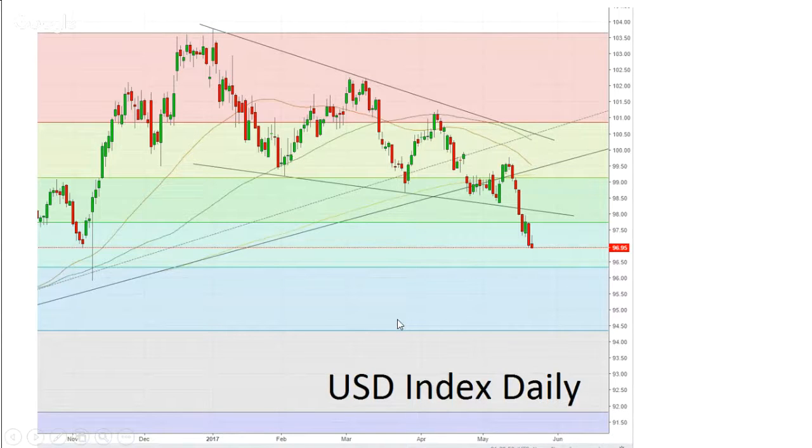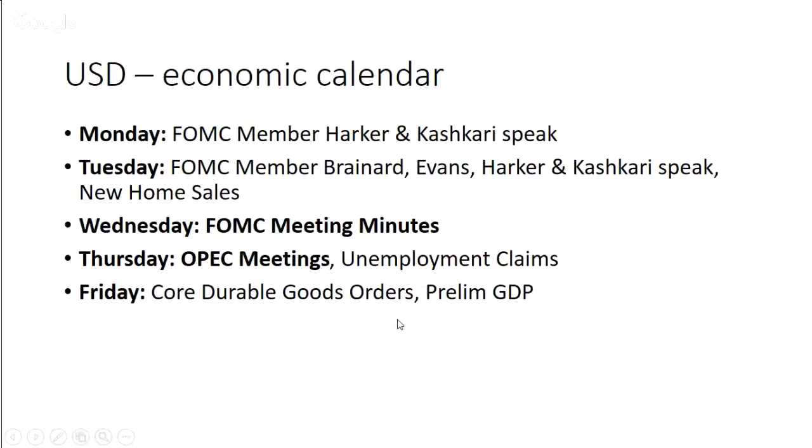What events should we expect in the coming days? Well, firstly, the most important thing, on Wednesday there will be the release of the Federal Reserve's May meeting minutes. The Federal Reserve, despite this political turmoil, is still widely expected to raise interest rates in June, after a rather optimistic statement that the central bank released in May.